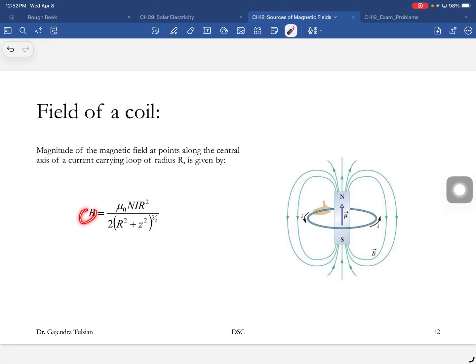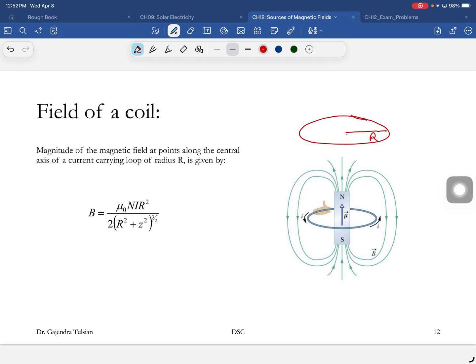Here's the expression for the field of a loop of wire. So I need to find a new diagram for this. So there is R, there is Z. So here's the strength of the magnetic field along axial points. Okay. And again, if the current is in this direction, you stick your fingers in the direction of the current and your thumb points in the direction of the magnetic field.